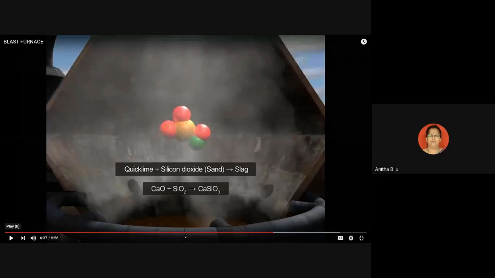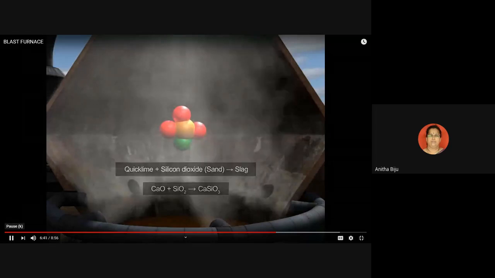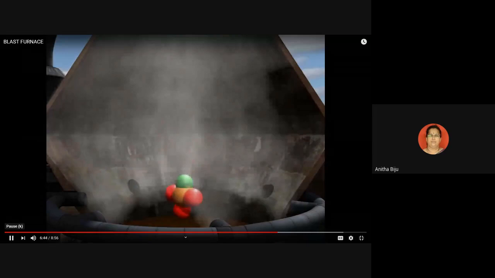CaO plus SiO2 giving CaSiO3, to form liquid calcium silicate or molten slag. The slag flows to the bottom of the furnace and floats on top of the molten iron. This is tapped periodically into ladles for disposal. Since molten slag is produced in this middle region, this region is called the zone of fusion.